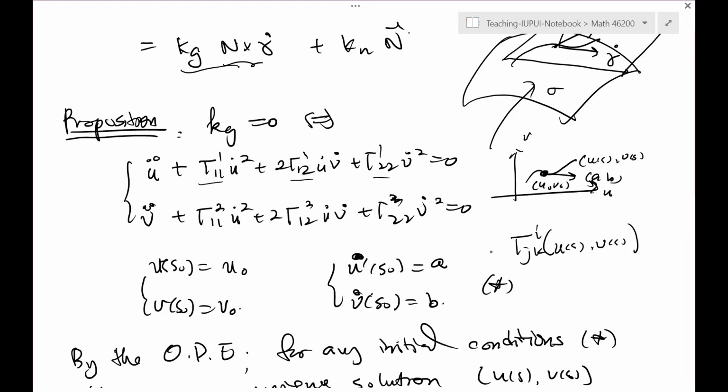If you use a computer, clearly this proposition is better because it's written in the standard form. The second order derivatives of u and v depend on u and v and their first order derivatives. This is called a system of nonlinear differential equations. So for any given initial data, you can find a unique solution.